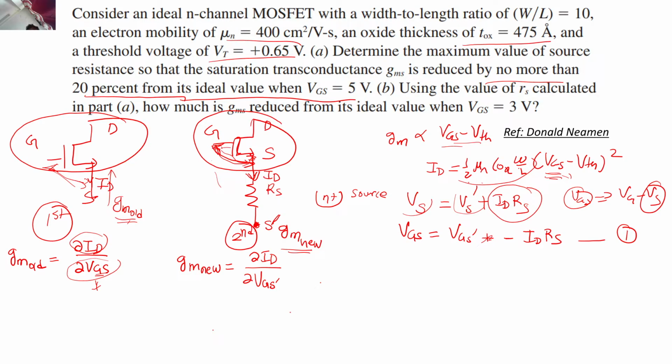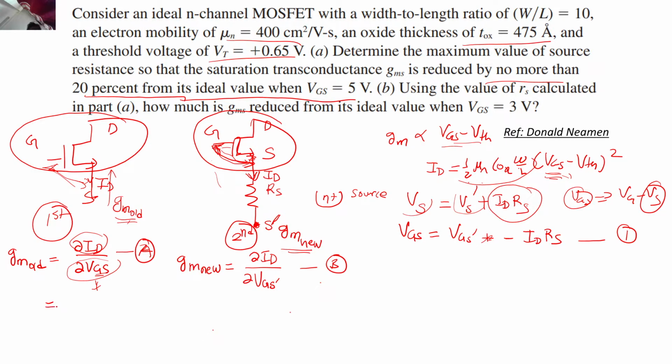I hope this concept is clear to you, because this is one of the main concepts of this question, and if it is not clear, it will cause confusion about what I am doing. So please note down these things that I am writing over here. I will write them as equation A and equation B. Okay.